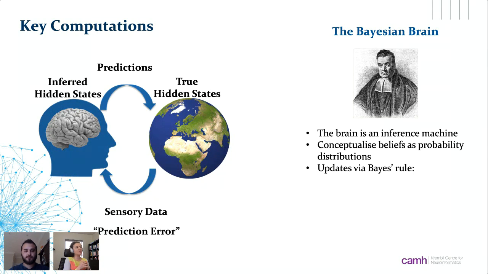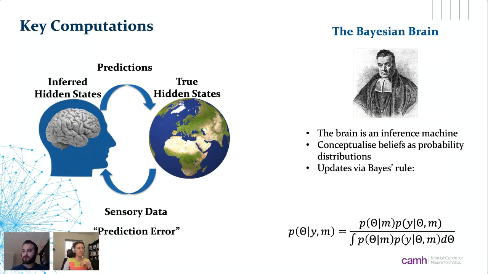In other words, we could posit that the brain is an inference machine, and we conceptualize beliefs in terms of probability distributions that are updated via the Bayes rule, which proposes that predictions are a function of prior beliefs under a governing model of the world and the sensory data that we obtain from the world, normalized by the evidence.